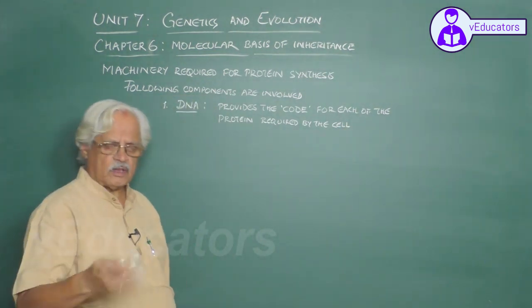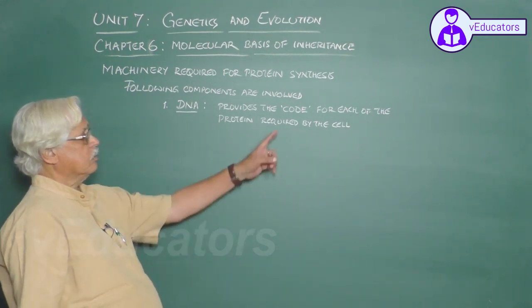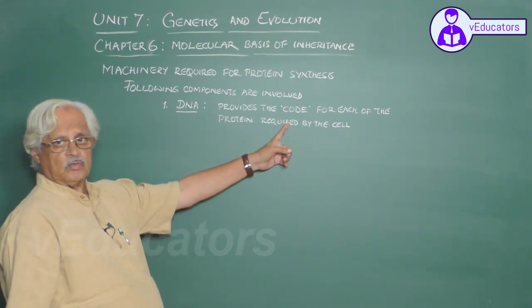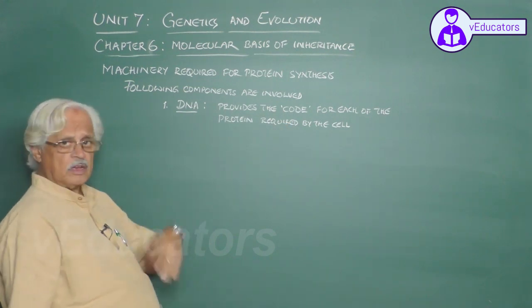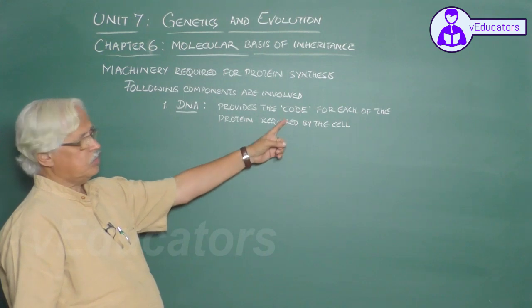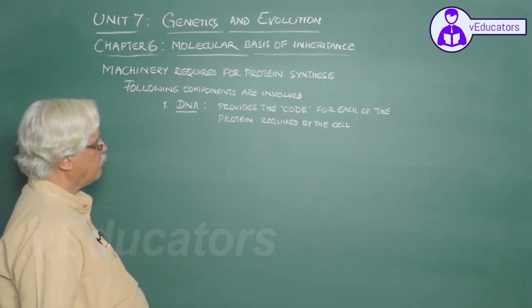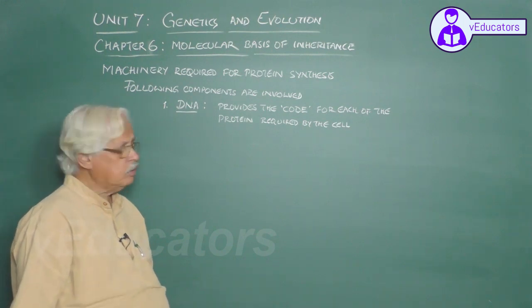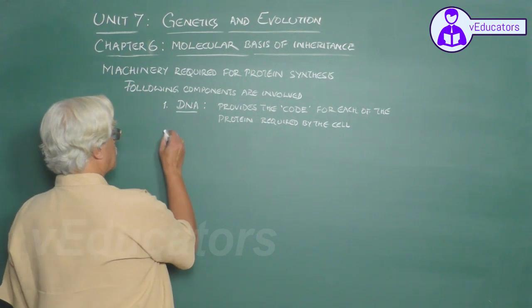So if a cell requires 3000 types of protein, that cell should have 3000 types of codes. 3 million types of proteins, 3 million types of codes. So DNA provides the code for each of the protein required by the cell.